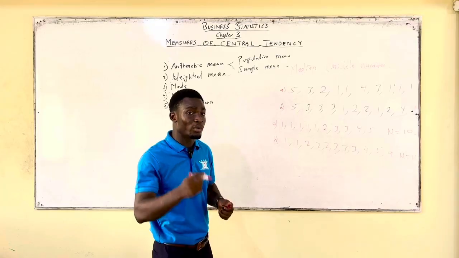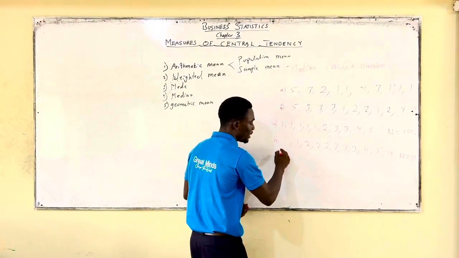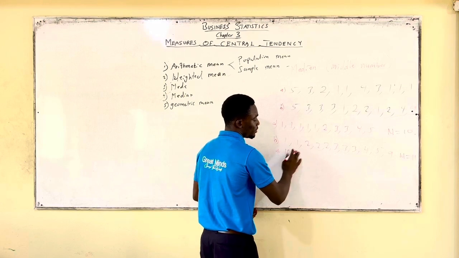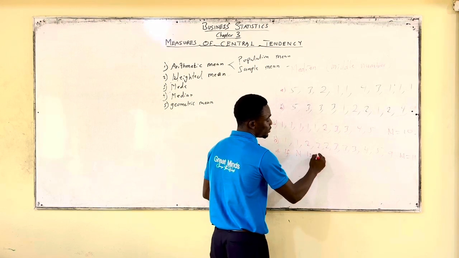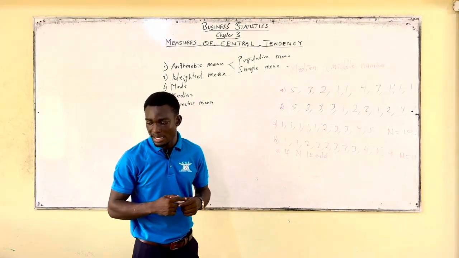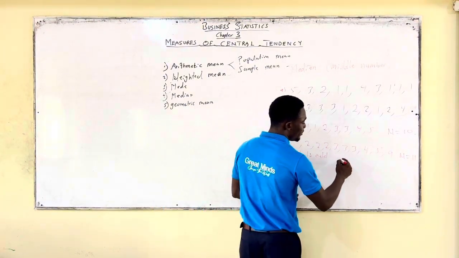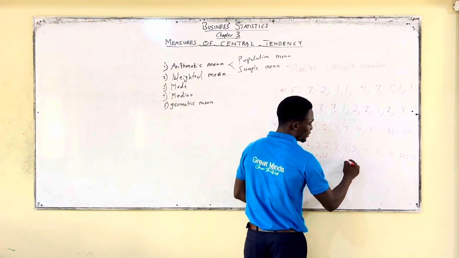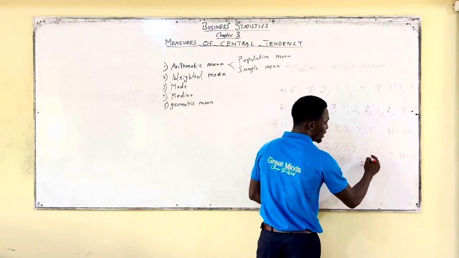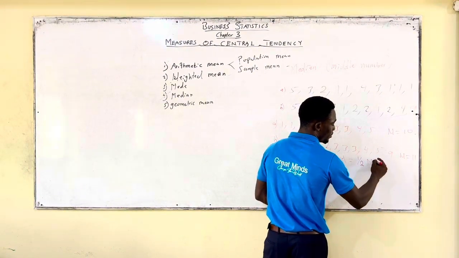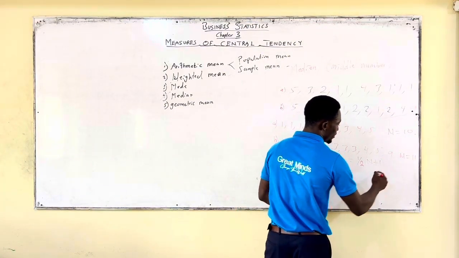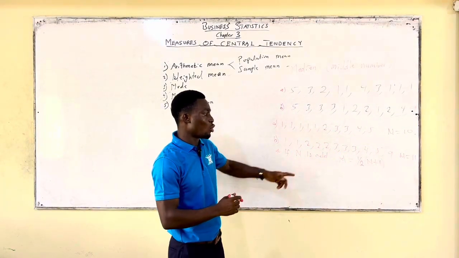So condition 1 says that if n is odd, then the median is equal to half of n plus 1.